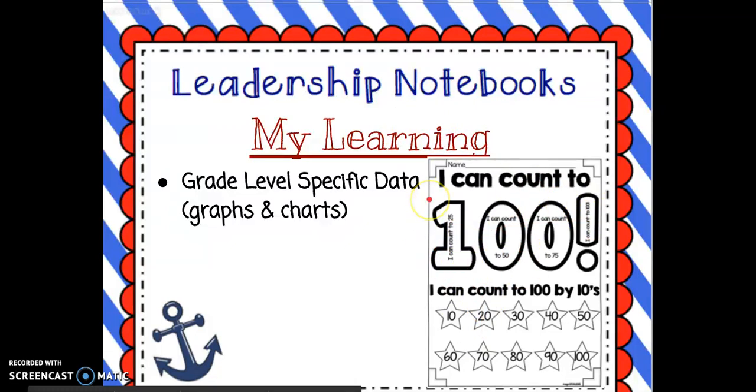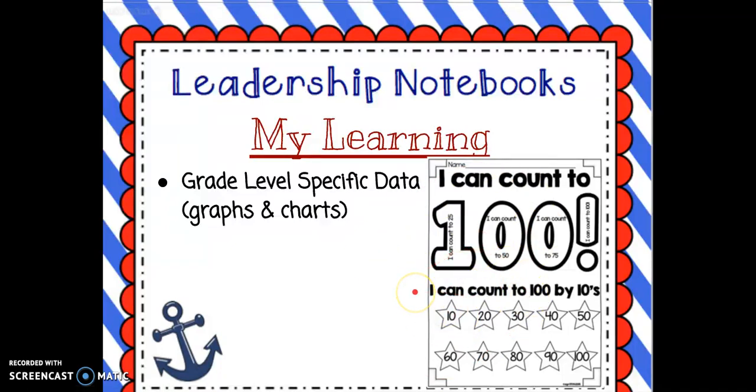But if a child comes in and in September they count to 75 and in October they count to 100, and then they count by tens to 100, this does not need to live in their My Learning tab for the rest of its life. If they've mastered that, then maybe that's something they're proud of, they want to put it in a celebrations tab. But these are things that they haven't mastered yet. So things that they're still working on.